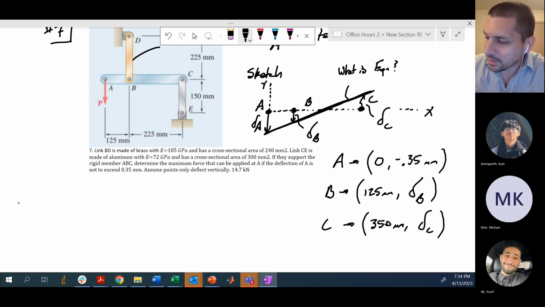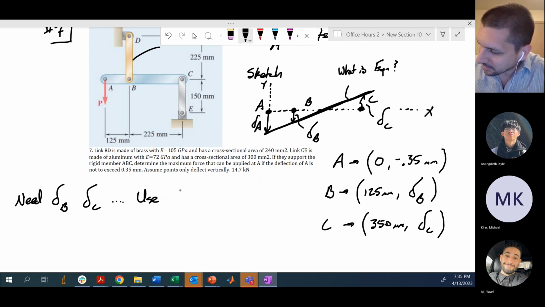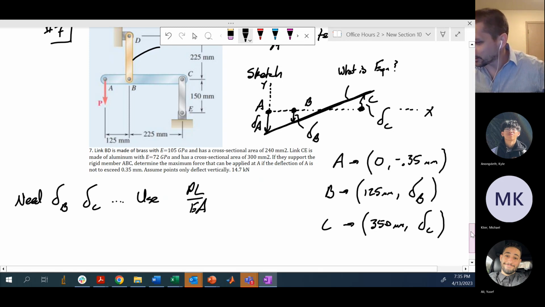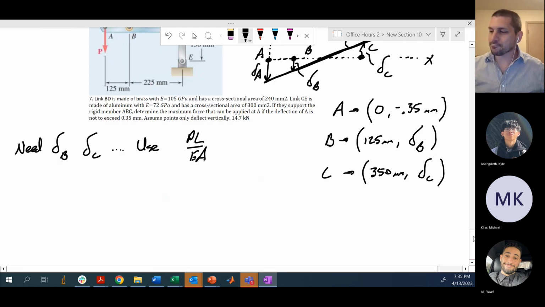Here we need the deflection of B and the deflection of C, and we'll use this idea of PL over EA, the displacement or deflection of these beams given these properties and the loads currently on them.